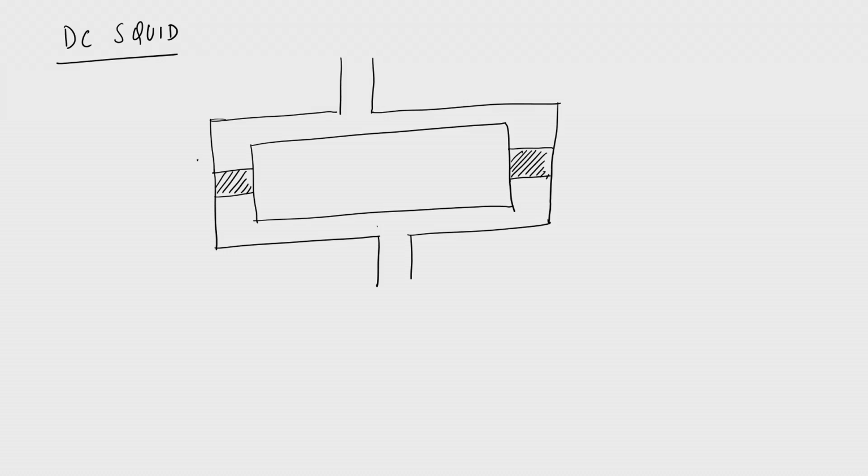Let me name them A, B on either side of the junction, and C and D. The input current I, which we have discussed is twice IC, goes out like this. And we are going to draw a coil.